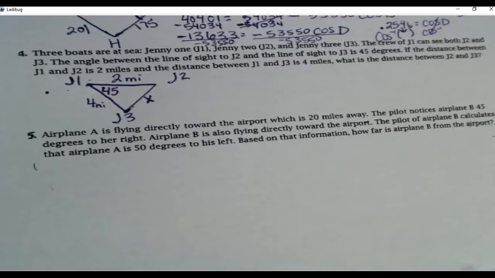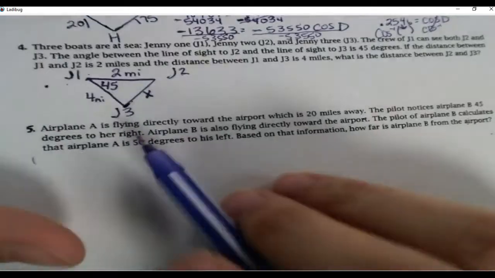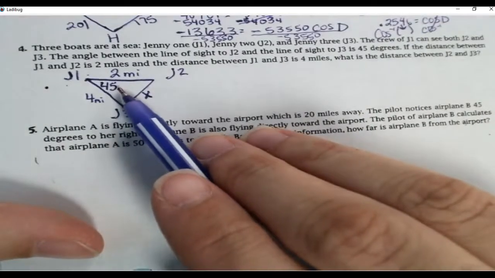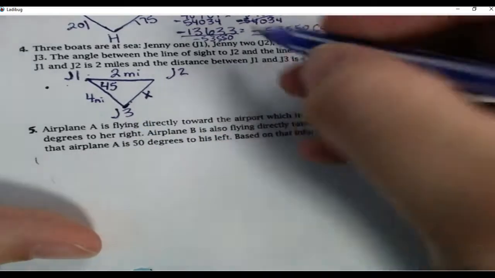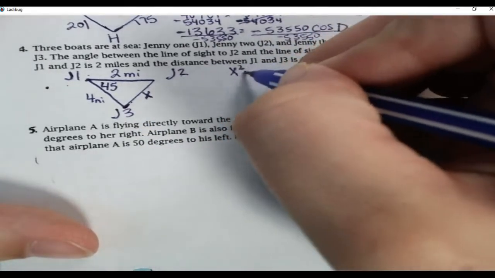So, if I know two sides and the angle between, do we do law of sines or law of cosines? Cosines. Good. So, I know 45 is my angle. Across from it is my x. So, that's what I'm starting the formula with. So, x squared equals.